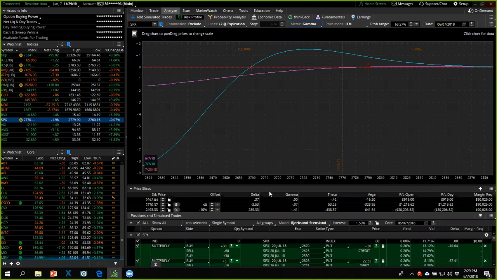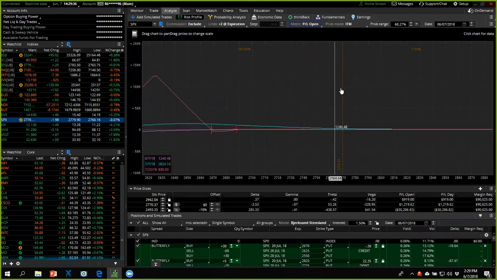It can be useful to look at it this way. But it's simply the same as clicking a price slice at some particular point and reading your gamma down here. So it's cool to see it in graph form, but you can see the same information on the P&L graph.